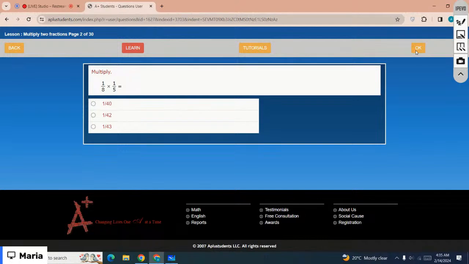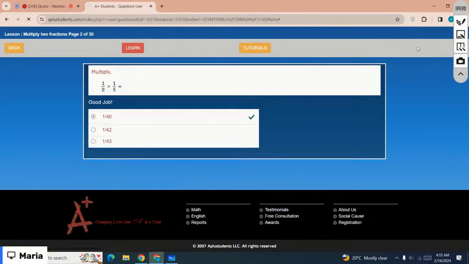The correct option is 1 over 40 because 8 times 5 is 40. So the correct option is 1 over 40.